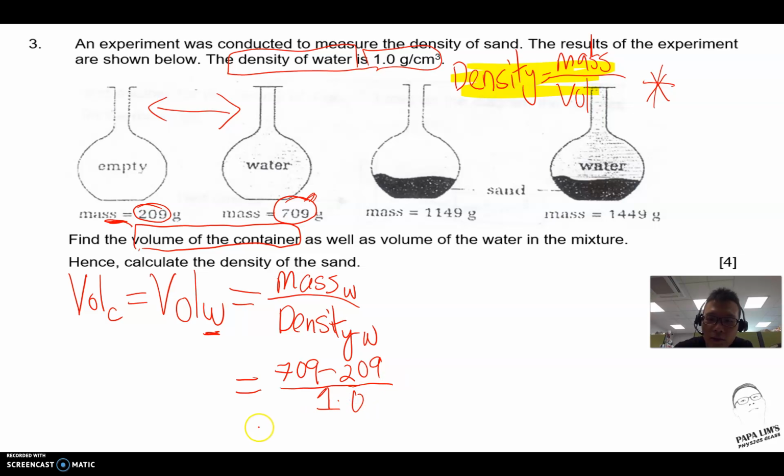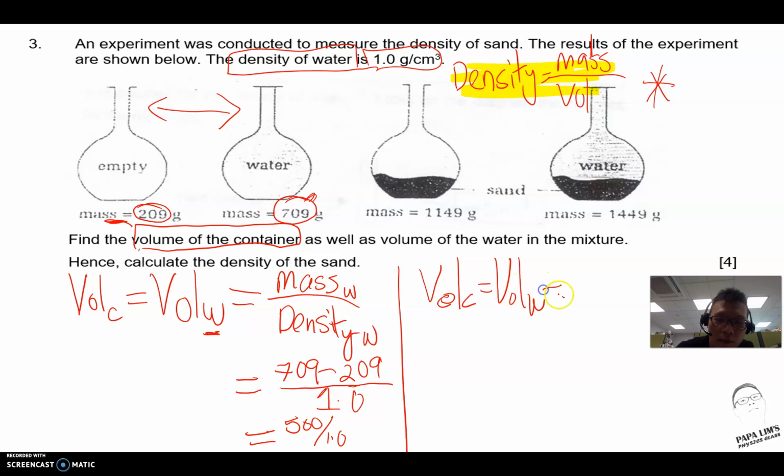So this works out to be 500 divided by 1. The volume of the container will be equal to the volume of water, which happens to be 500 centimeter cube. Take note of the unit. You're using gram per cm cube, so the volume will be in cm cube. For now, this is how we settle the volume of the container.